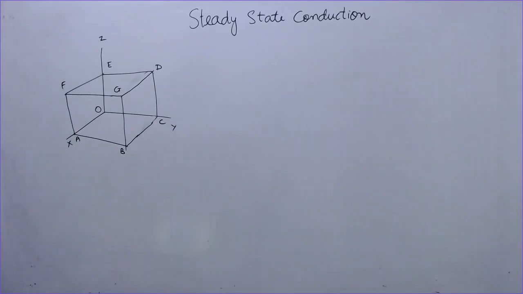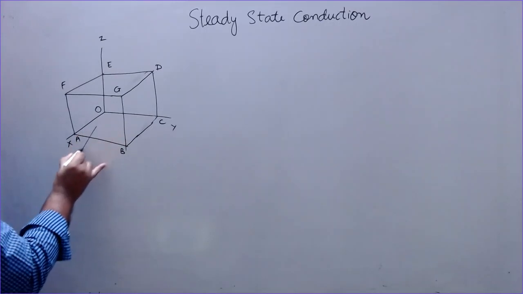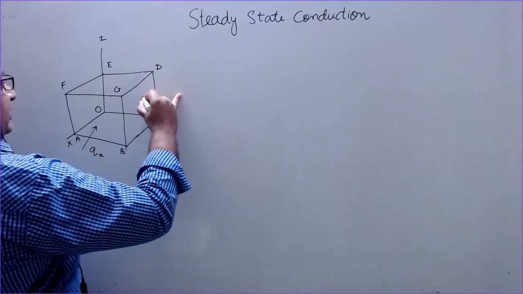Similarly, heat is entering at the rate of qy in the y direction. So let me show it here. The heat entering this face in x direction is qx, and it is leaving this face.